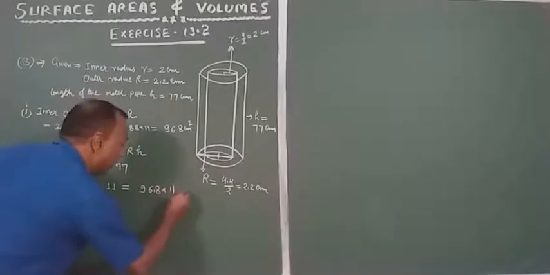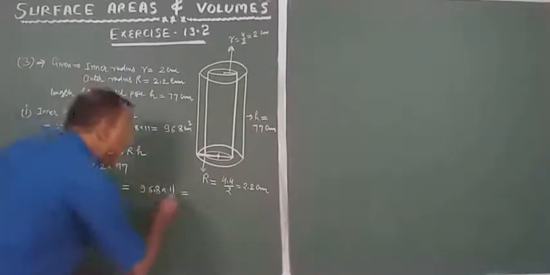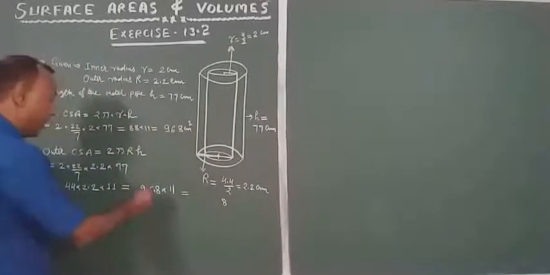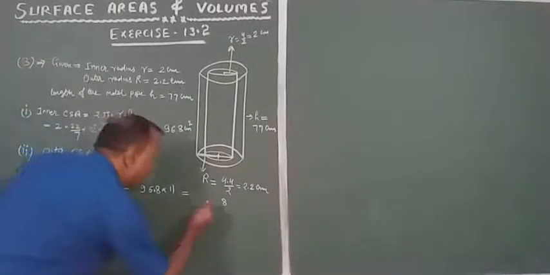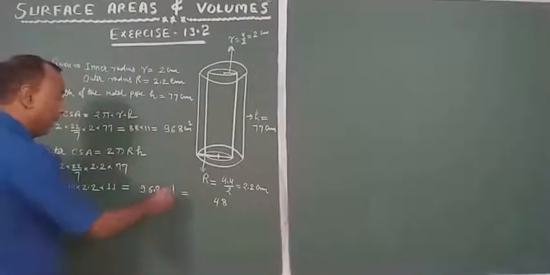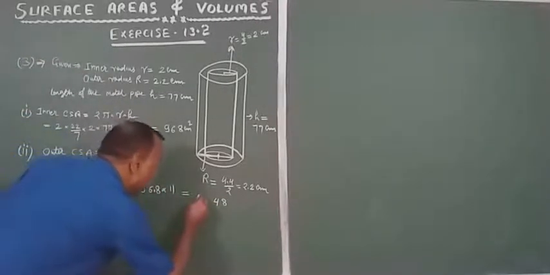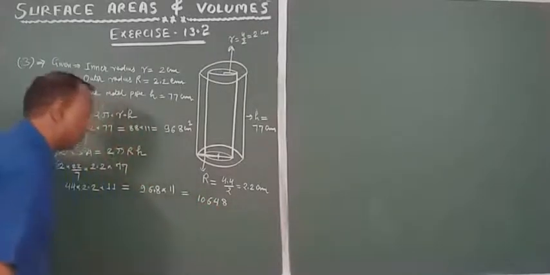Now just multiply them. 11 eights are 88, 11 sixes are 66 and 8 is 74, 11 nines are 99 and 7 is 106.